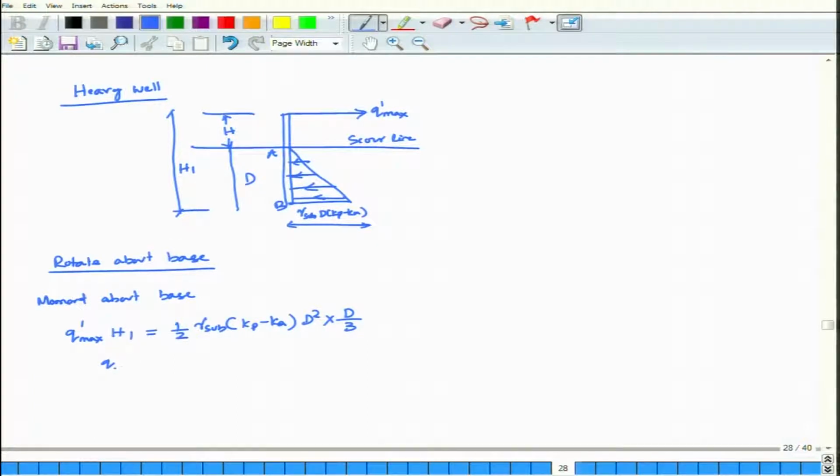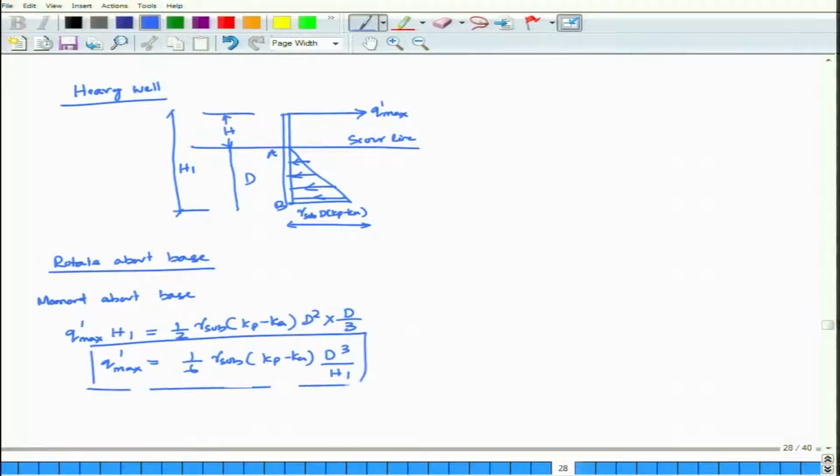Then Q max prime is equal to 1/6 gamma submerged (Kp minus Ka) d cubed by H1. This is for your heavy well.